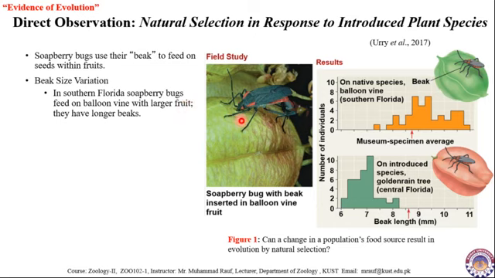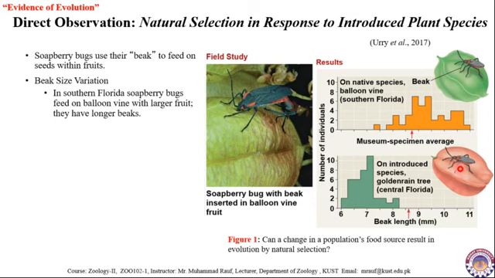The balloon vine has larger fruit with a thick pulp, and the insect needs a long proboscis so that it is inserted within that thick pulp and reaches the seeds.